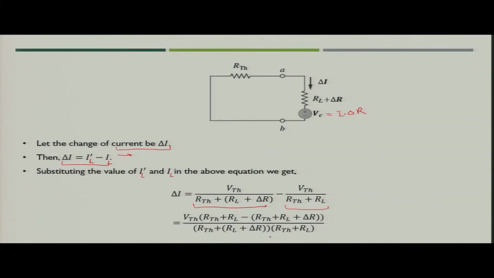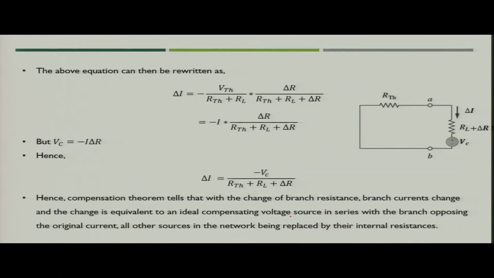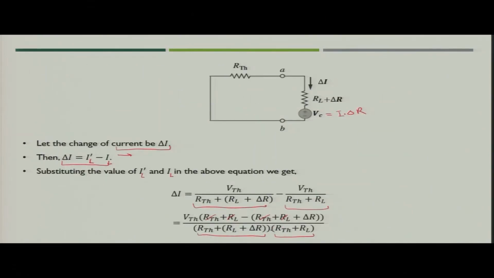Now, if we simplify, what you get is delta I is nothing but minus of Vth upon Rth plus RL, because this is there in the denominator. So, you will keep Vth and Rth plus RL together.